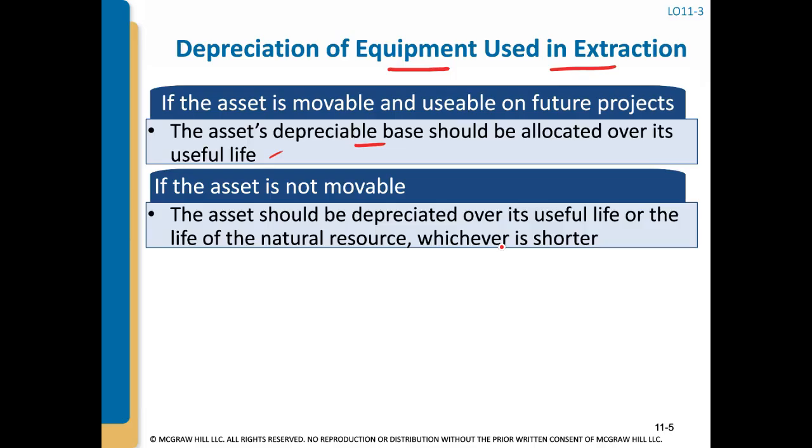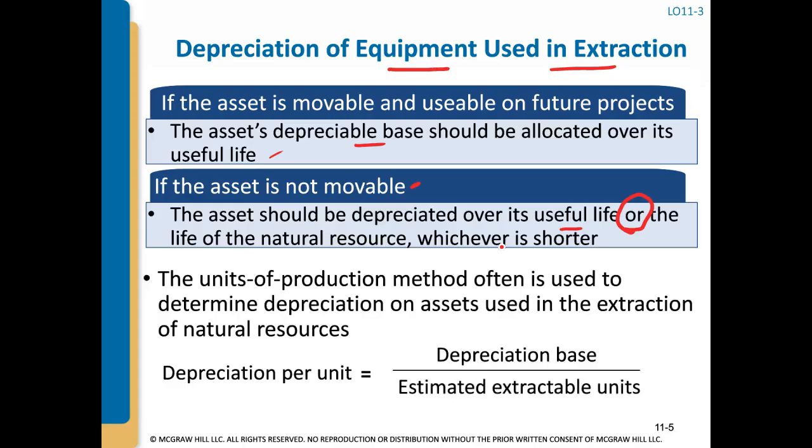However, if that asset is not movable and therefore you can't use it on future projects, then the asset should be depreciated over its useful life or the life of the natural resource, whichever is shorter.